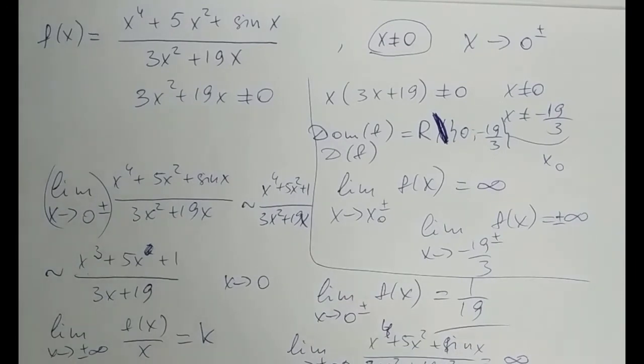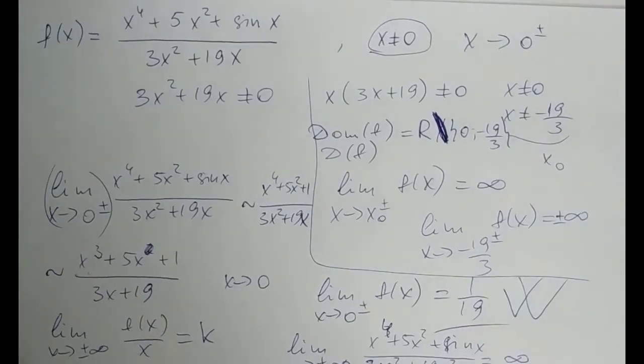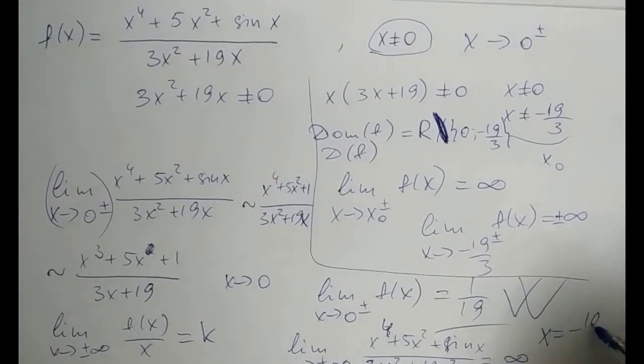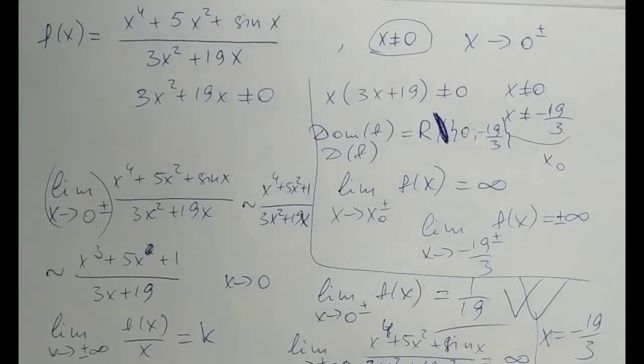The one-sided limits at the point 0 are just 1 over 19. This is the one-sided limit. And for asymptotes, we have one asymptote, x equals minus 19 over 3. It is a vertical asymptote. And we don't have left or right asymptotes.